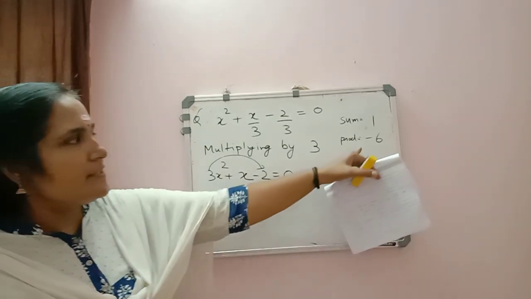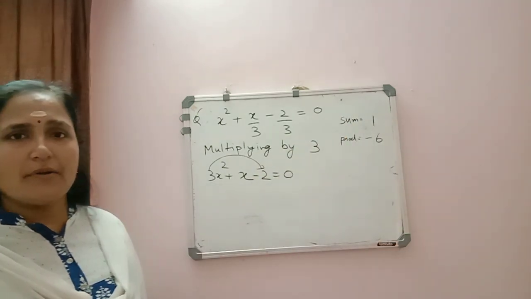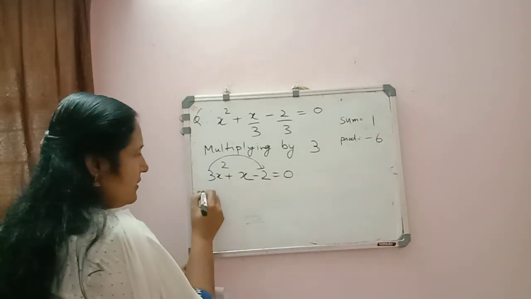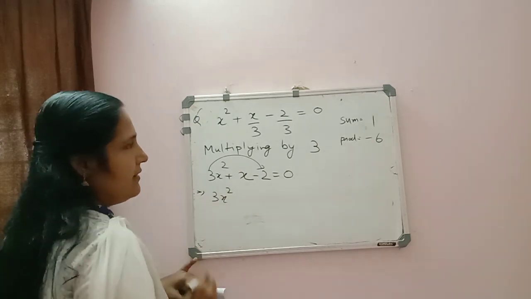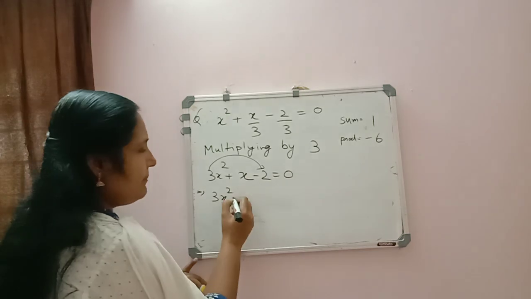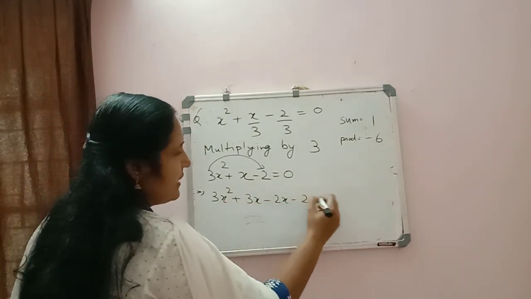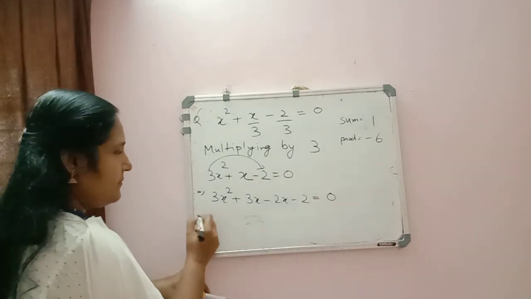I think it will be easy for you: 3 into 2 is 6, and 3 minus 2 is equal to 1. 3x², 3 and 2, two numbers, the sum is positive, so 3 should be positive. Plus 3x - 2x - 2 = 0.